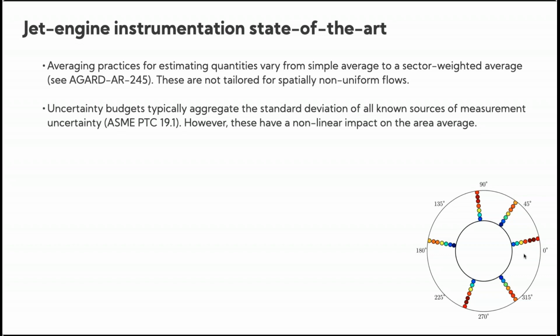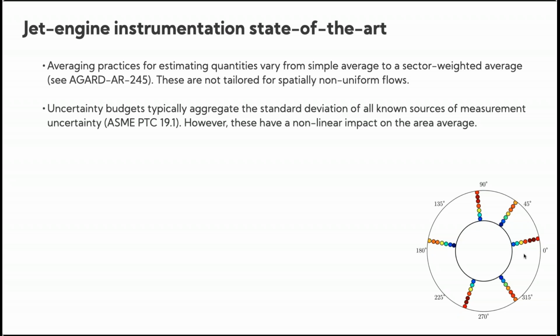Now, for reasons that will become apparent shortly, these aren't really tailored for spatially non-uniform flows. A simple way to think about that is if you're taking measurements of something that's varying harmonically, which is typically what you find in an engine, because you have upstream blade rows and upstream components. So you do have a harmonic variation in both pressure and temperature.